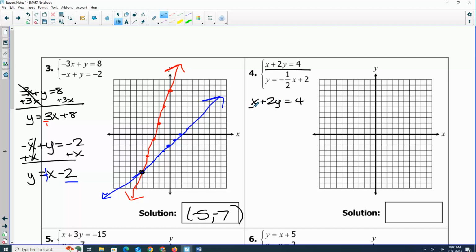So we want to leave the y where it is and move everything else away. So we'll subtract the x. And then we want to get rid of this 2. So I divide everything by 2. So y equals negative 1/2 x plus 2.